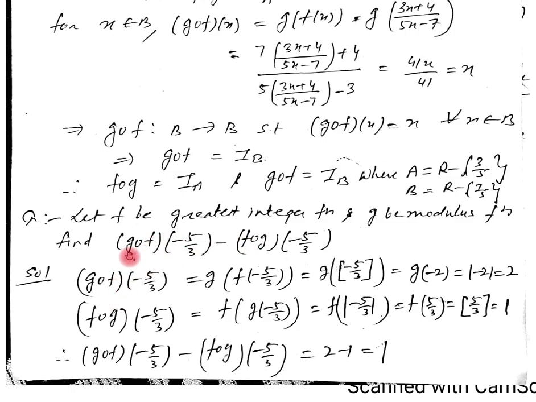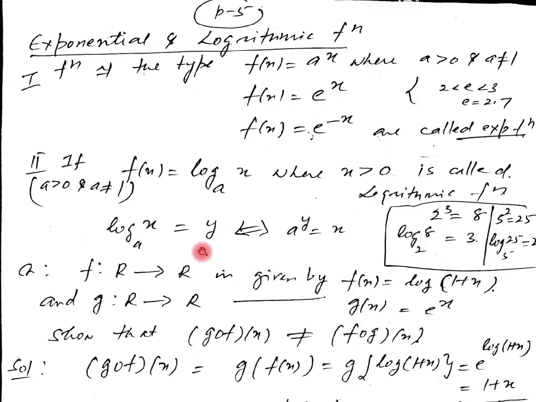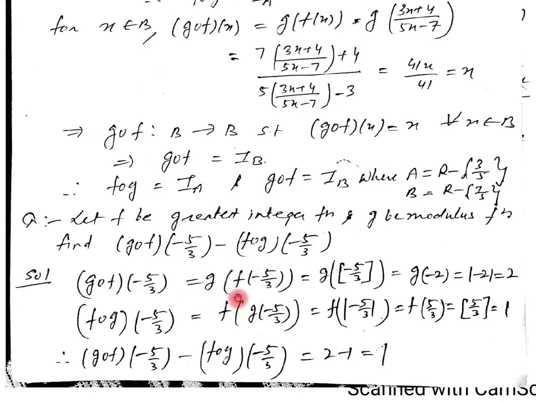First we will find out g composition f of minus 5 by 3. It can be written as g of f of minus 5 by 3. Now f is the greatest integer function. The number is minus 5 by 3, which means minus 1 point something.